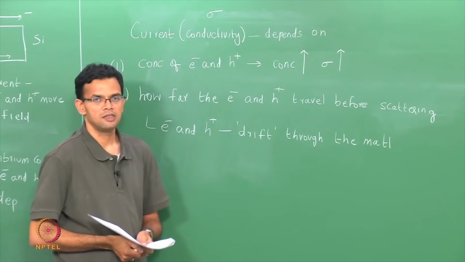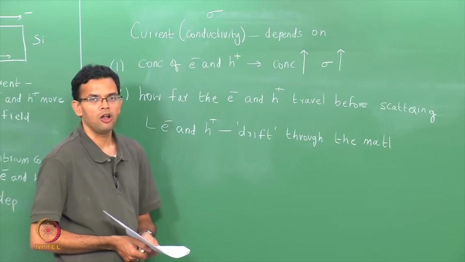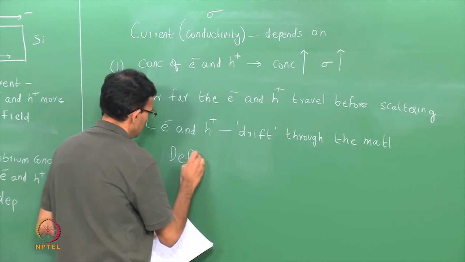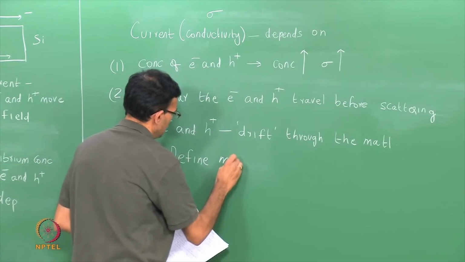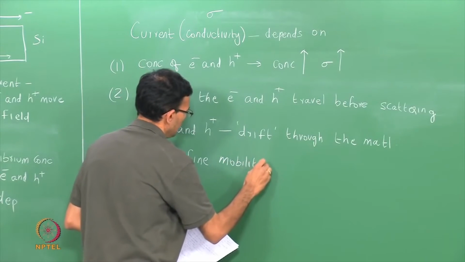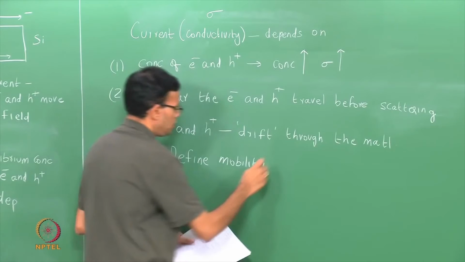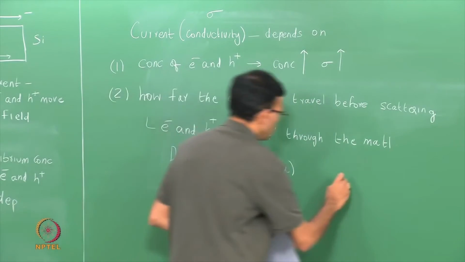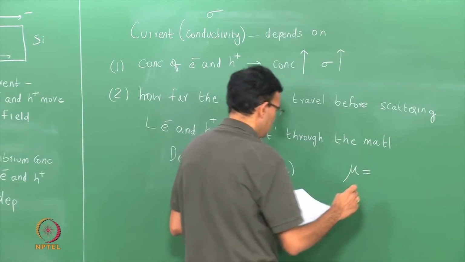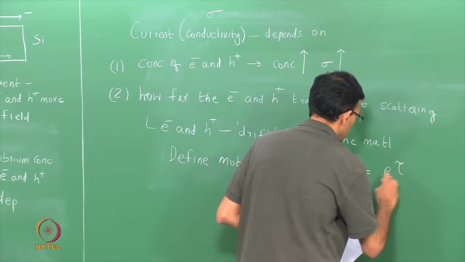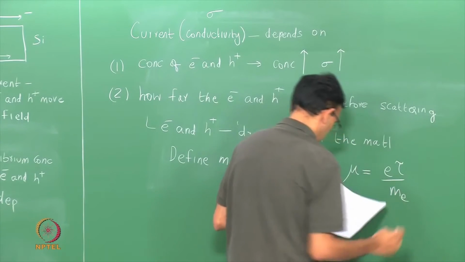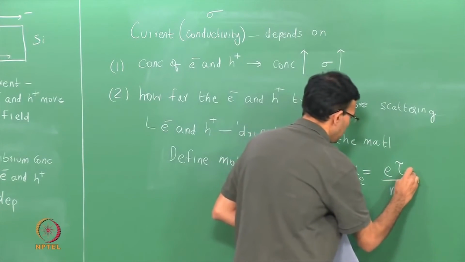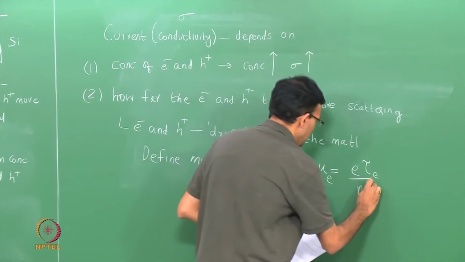To understand this, we define a quantity that we call the mobility. Mobility is denoted by the symbol mu, and the expression for mu, if you are looking at electrons, you can say mu e is nothing but tau e over m e star.